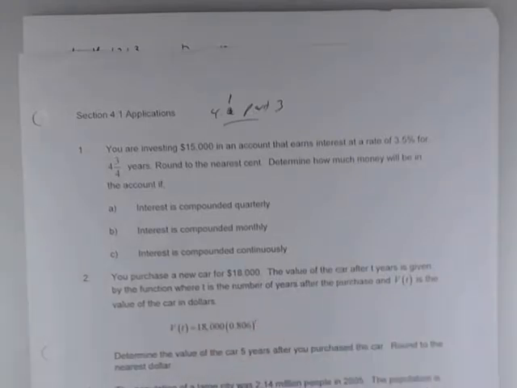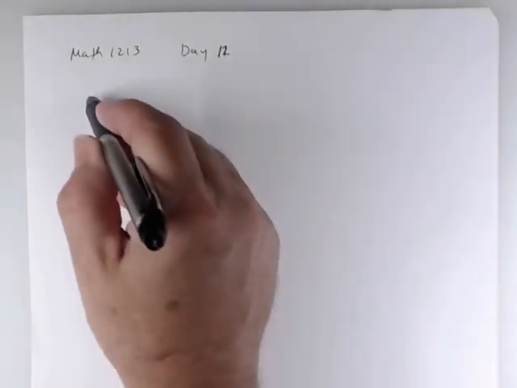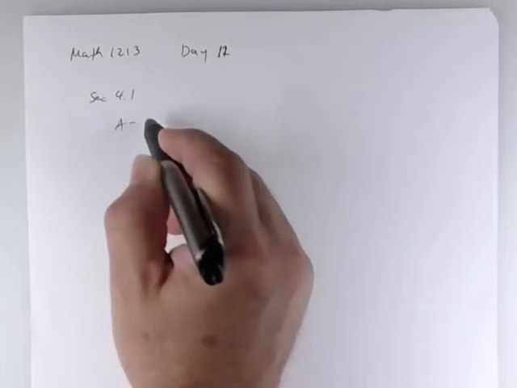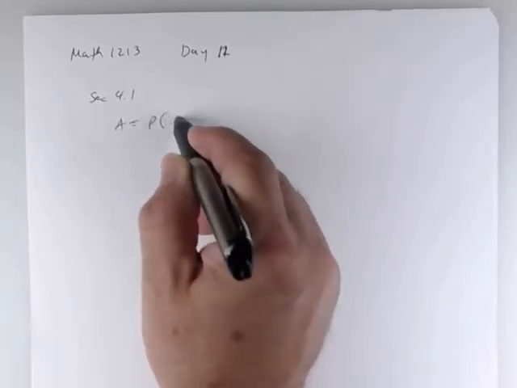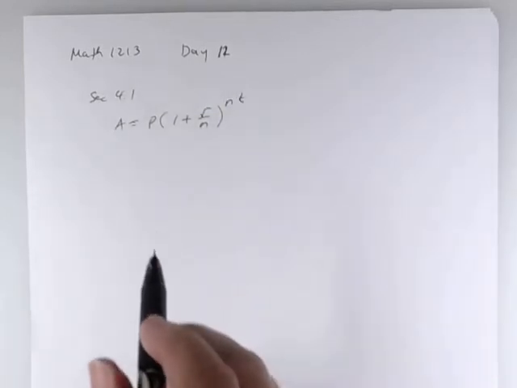Then determine how much money will be in the account for those 3 situations. Okay, so there are 2 formulas. Remember, your formulas are A equals P times 1 plus R divided by N raised to the NT. That's one of them.